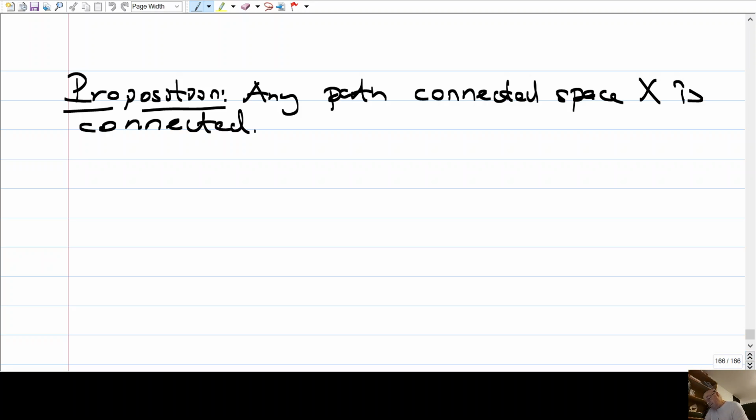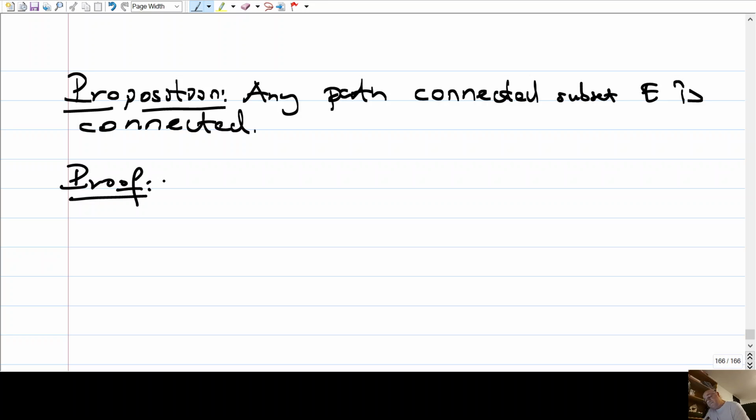Actually, let me show this. Any path connected subset E is connected. Why is this true?